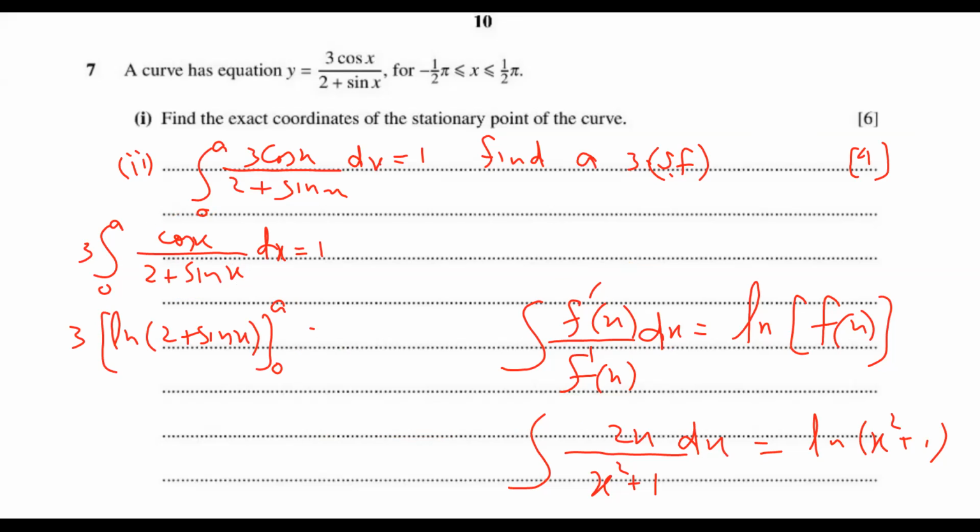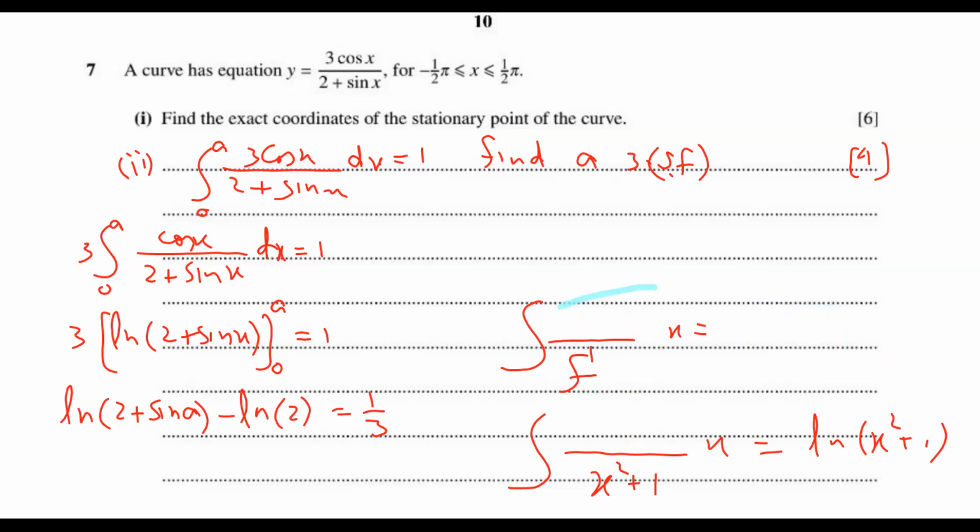This 3 will go to the right hand side, making the question easier. So here I'm getting the logarithm of 2 plus sine a, minus, when I plug in 0 here, the logarithm of 2 only, is equal to 1 over 3.